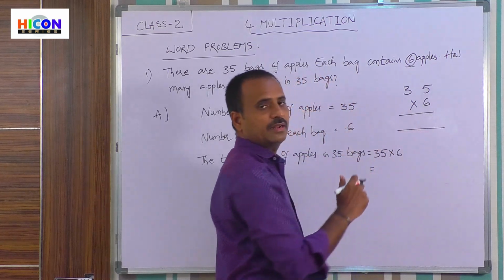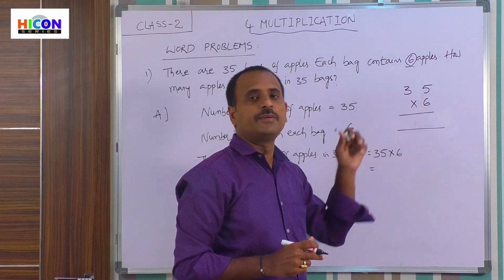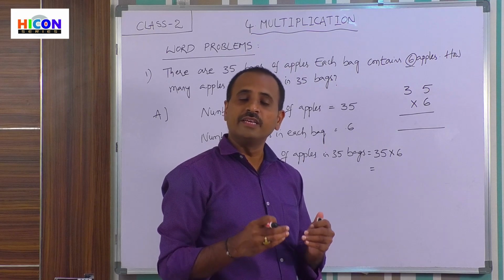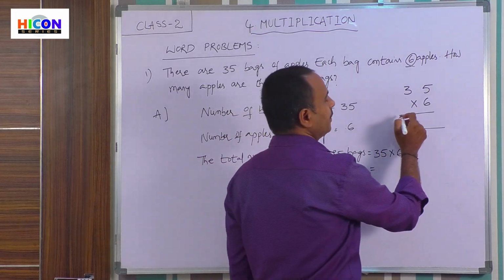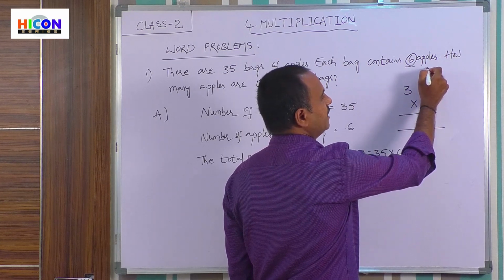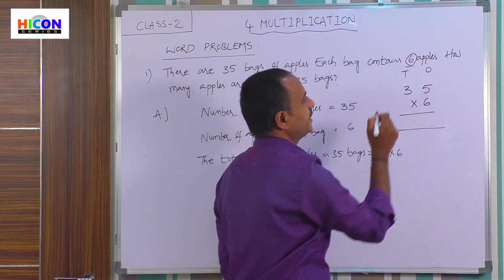So what is this symbol? Into. This symbol represents multiplication. And also write the places above each digit. That is, in 35, 5 is present in 1's place and 3 is present in 10's place.